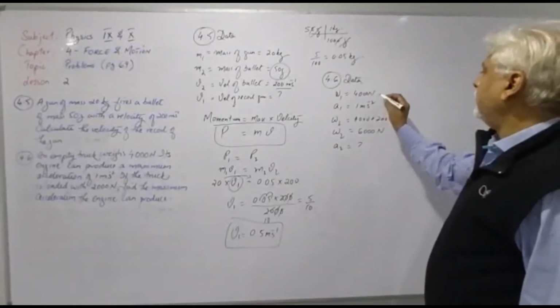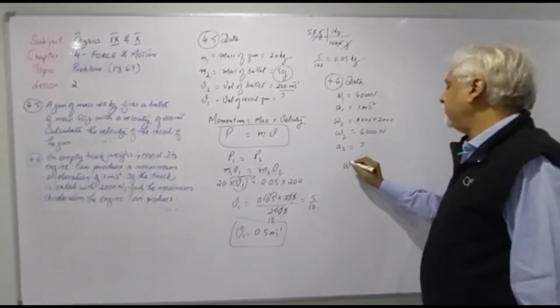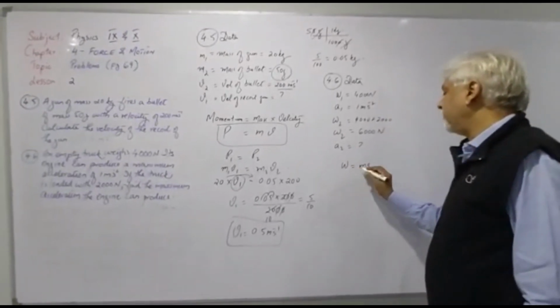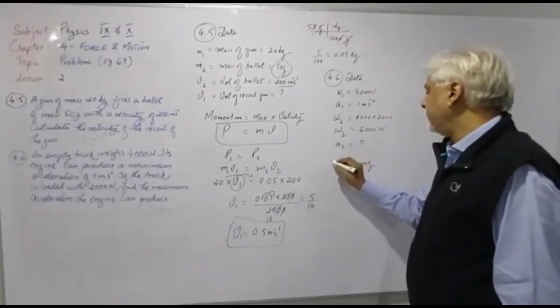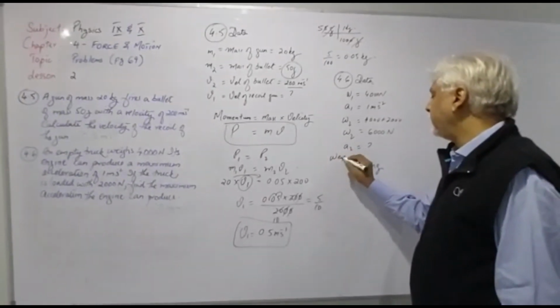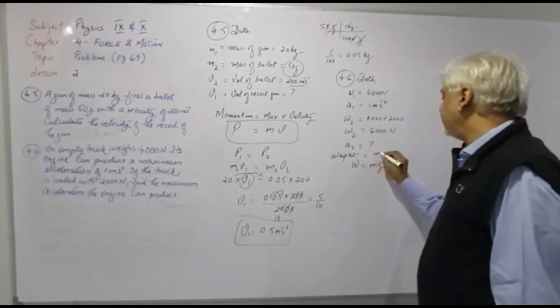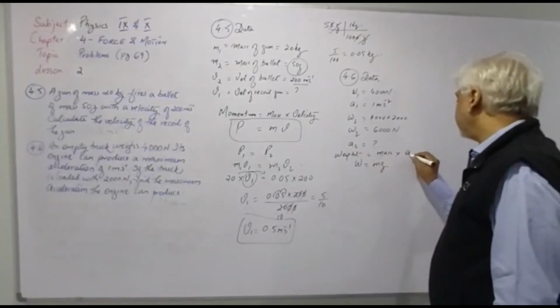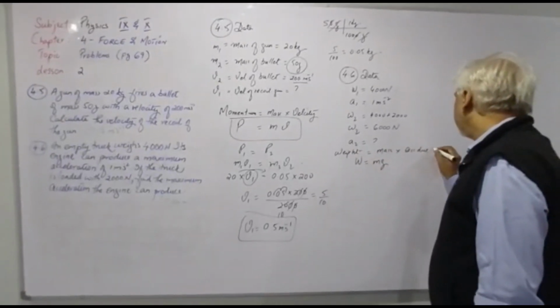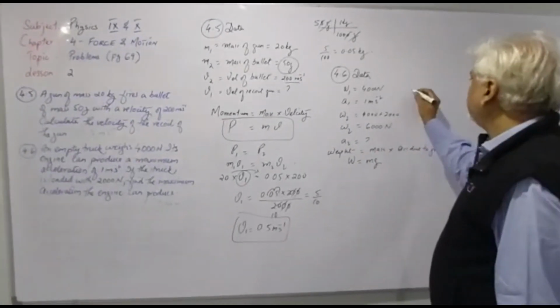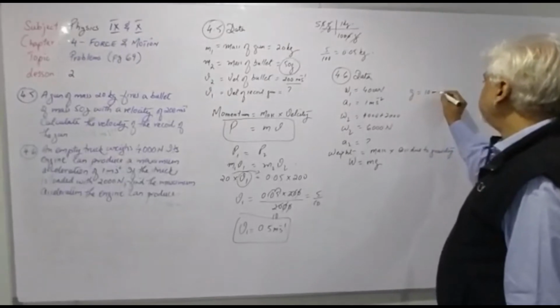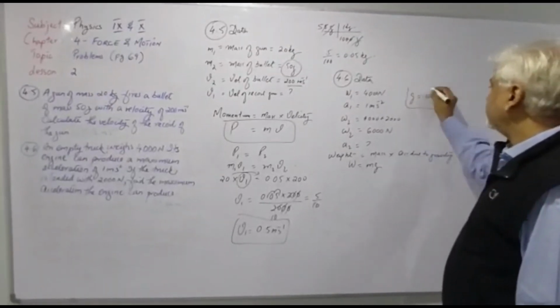So we'll be using the formula W is equal to mg. Weight is the product of mass and acceleration due to gravity. W is weight, and you have mass times acceleration due to gravity. And we know that the value of g is 10 meter per second squared, constant.